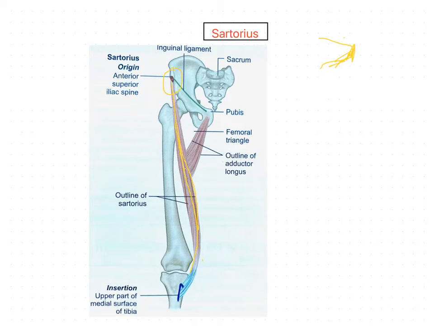Now where is it getting inserted? It is inserted on the upper part of the medial surface of the shaft of the tibia, in front of the insertion of gracilis and semitendinosus. So this is the insertion.